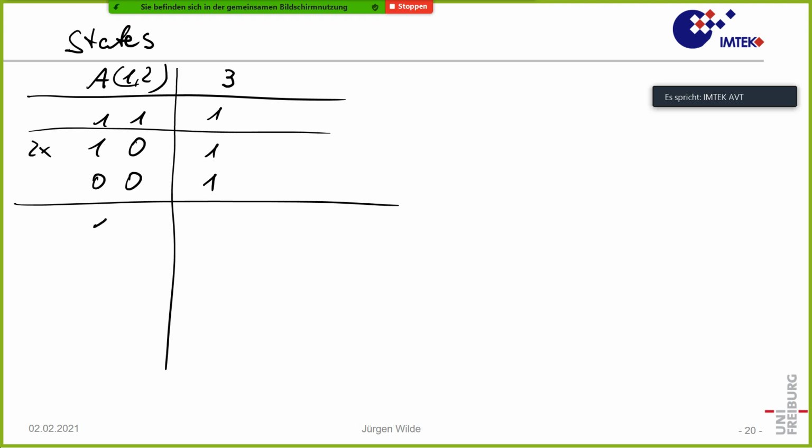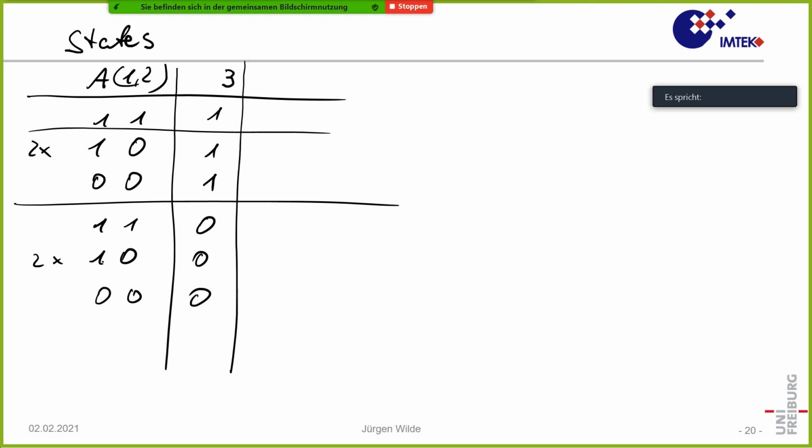And we can repeat this. So that's 1, 0 or 0, 1. So that's element A, that's element 3.